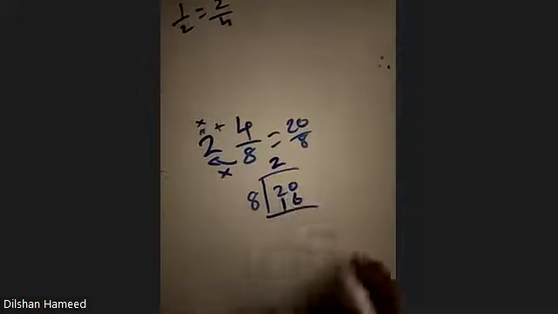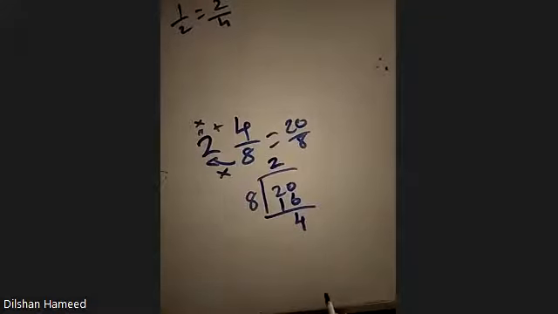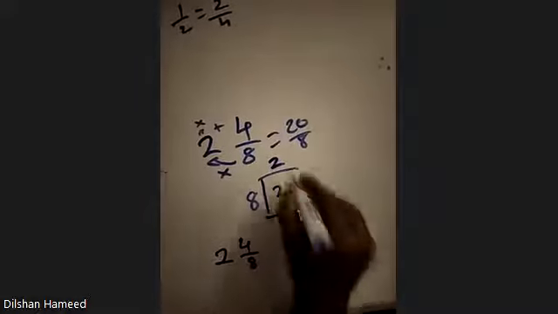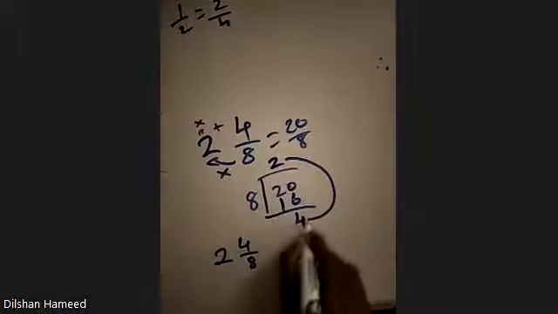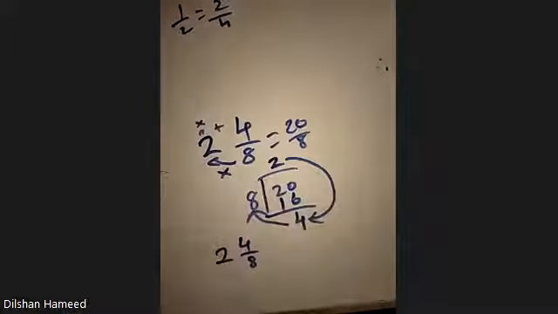So 20 minus 16, you get the remainder as 4. So what you do here is, see, you take 2, 4 upon 8. You start from here, 2, 4 upon 8. Always start with this one, and then 2, 4 upon 8. So that's the answer. Clear? Any question?